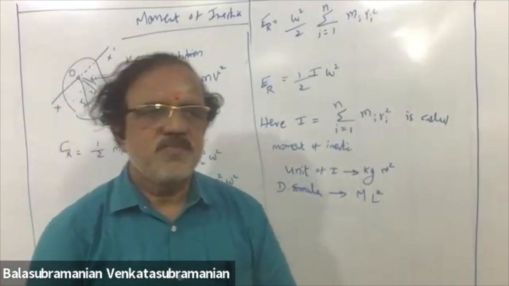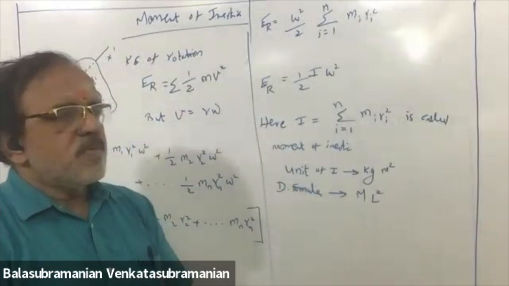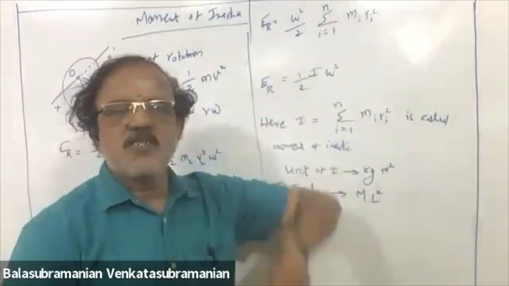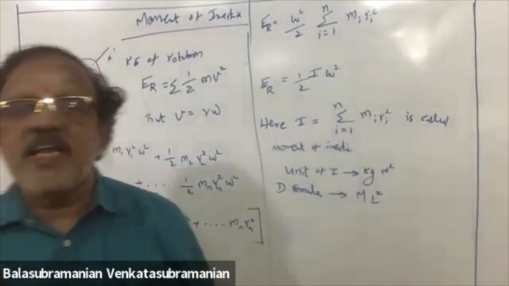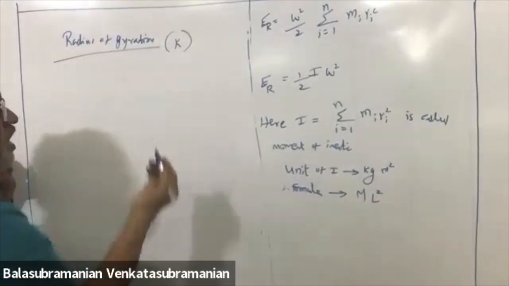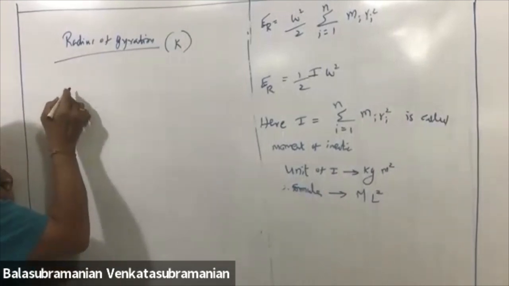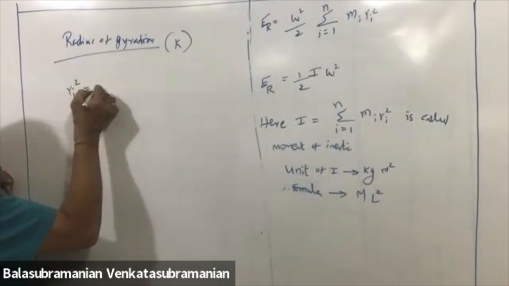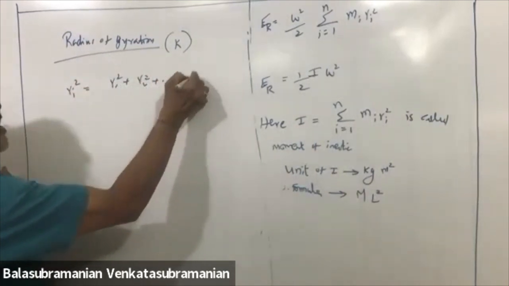Inertial body. Okay. Fine. Now we are going to talk about this r, that is r square value, that is known as radius of gyration. You can represent it by K. Sigma ri square is equal to r1 square plus r2 square, etc., rn square.